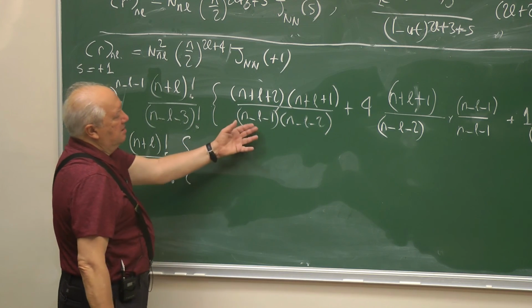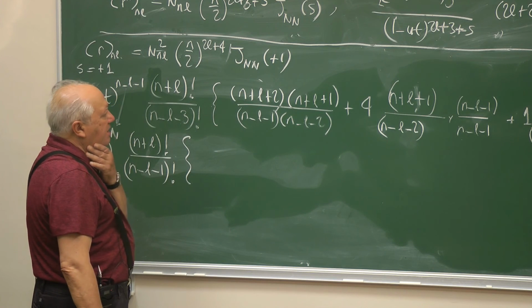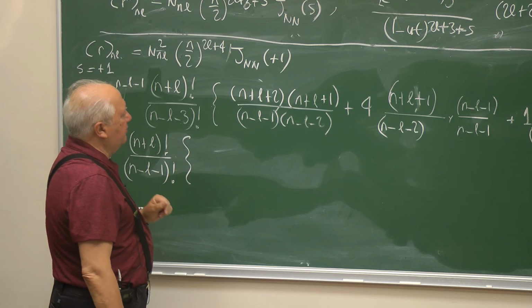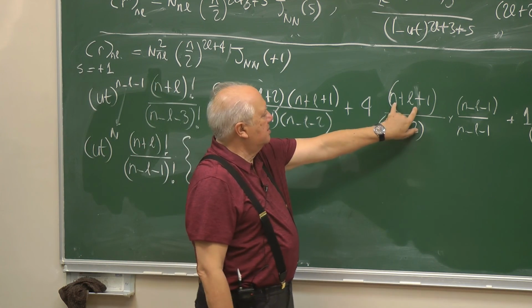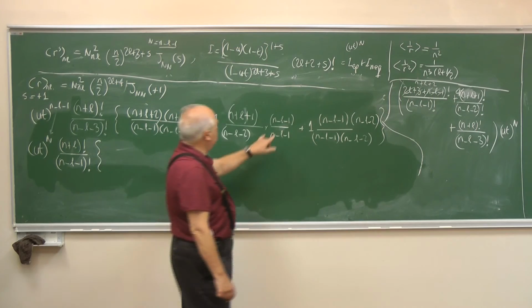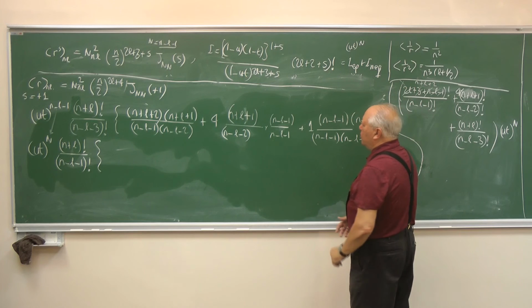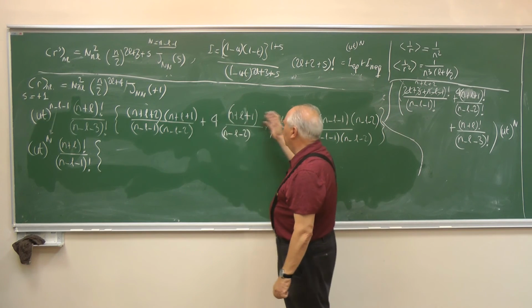Now, if you look here, there is some symmetry appearing in the denominator. For example, n plus L plus 1 is also here, but n minus L minus 1 is also here. Well, one way would be just to brute force multiply everything out.